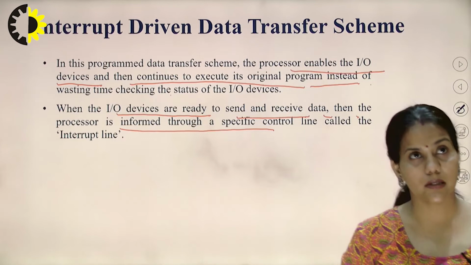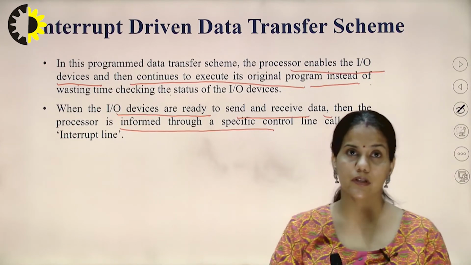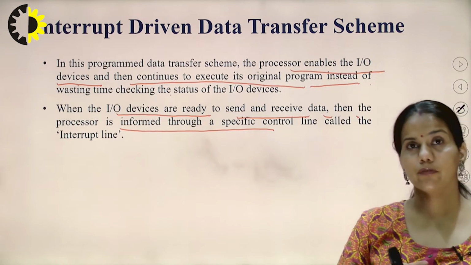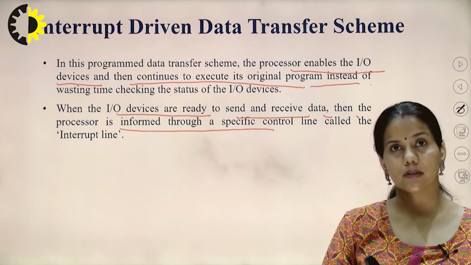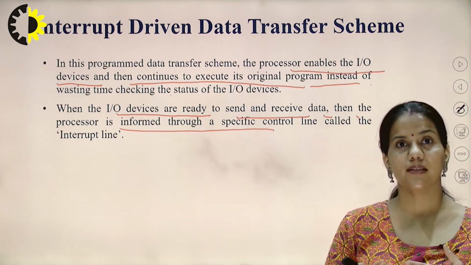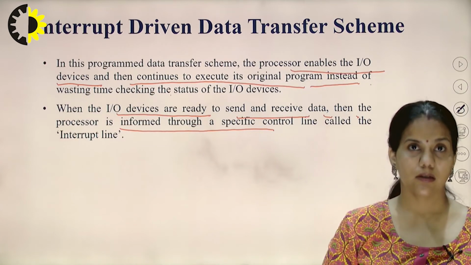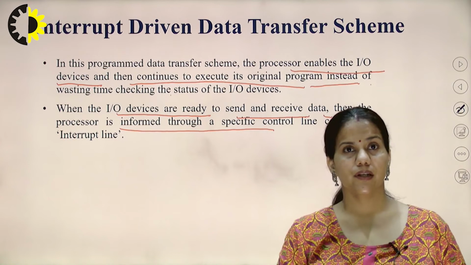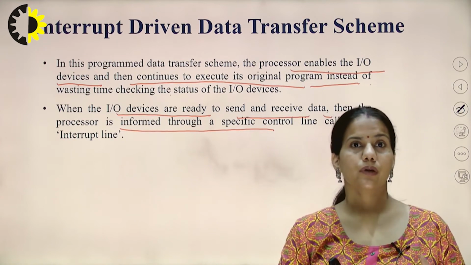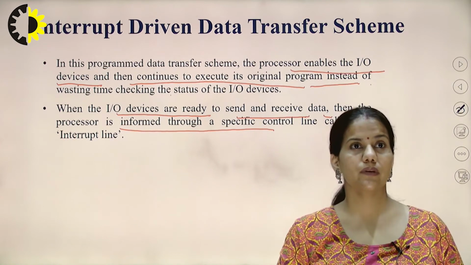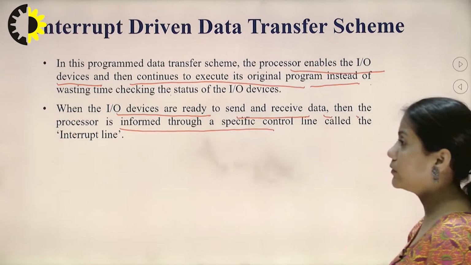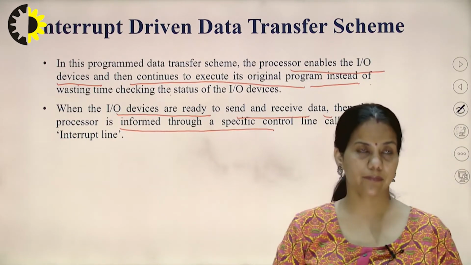So in this interrupt-driven data transfer scheme, checking up the input-output device is not necessary. There is an interrupt line, and whenever the interrupt arrives, it will be informed to the processor. So in this way, there is no need to check the devices continuously.